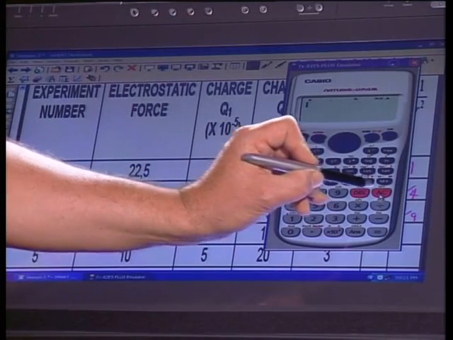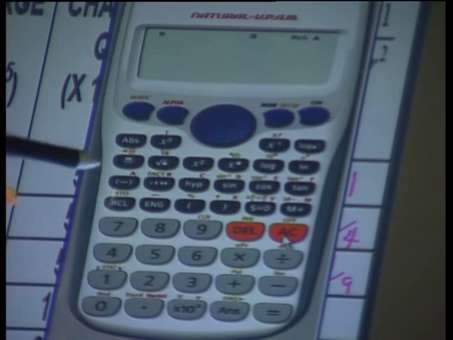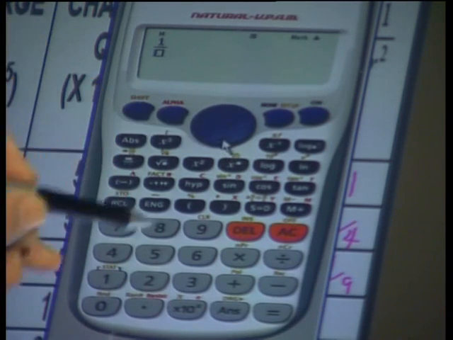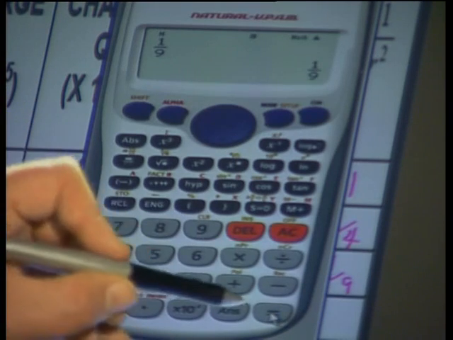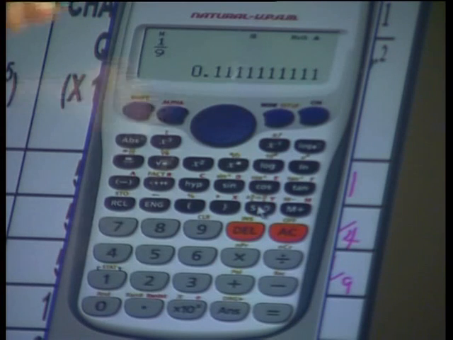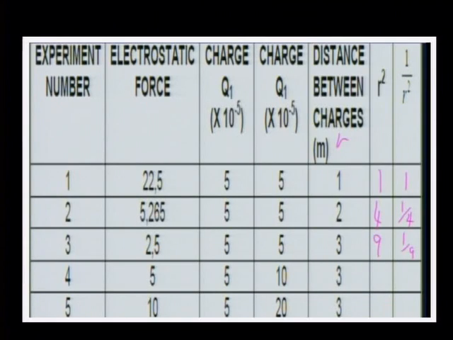Let's just do it over here. We're going to use the function over here, 1 over 9 equals, and if we convert that, 0,111 recurring, so you've got the decimal number as well. You could fill that in. It wouldn't be wrong to use decimals, but it's also not wrong to use that value of 1 over 9.